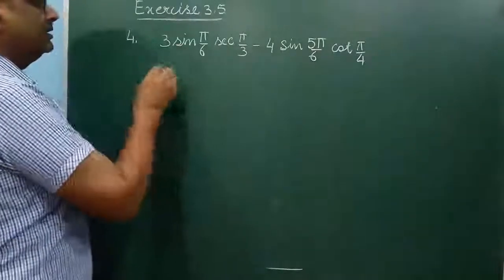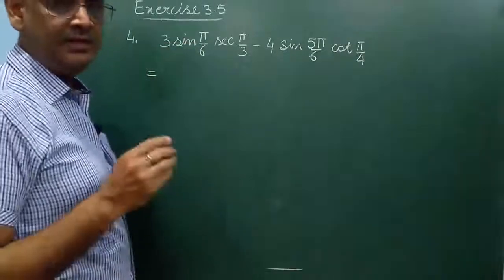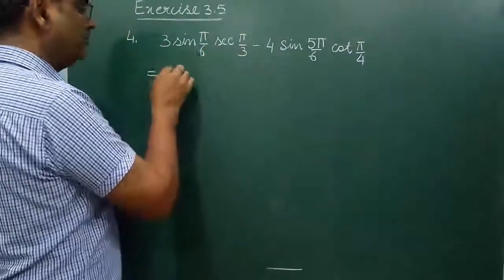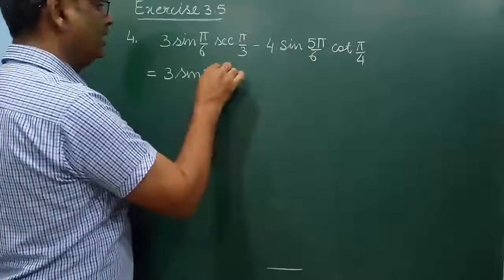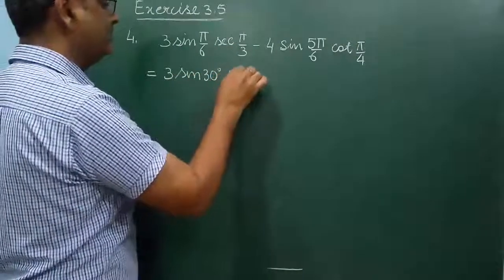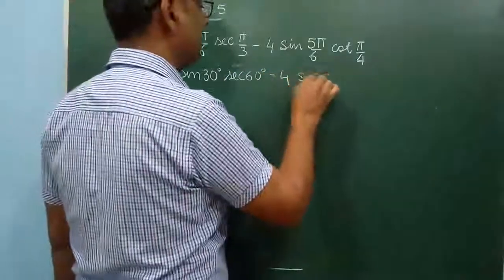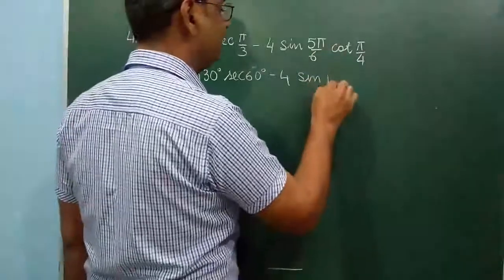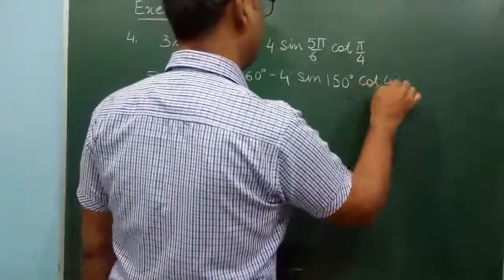So sine pi by 6, pi is 180, 180 divided by 6 is sine 30, and this is sec 60 minus 4 sine 5 pi by 6, 30 into 5 is 150, and this is cot 45 degree.